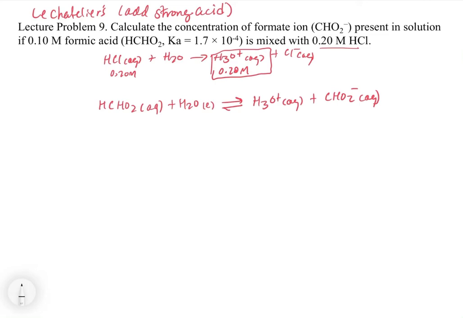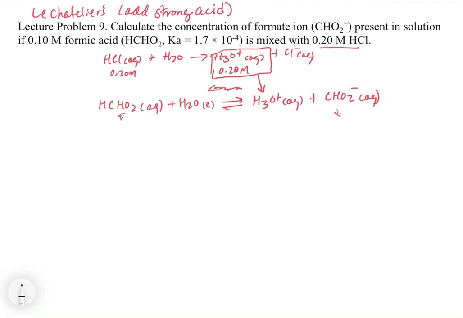When we add H3O plus to the solution, that's going to pump up our H3O plus concentration on the right and push our equilibrium back to the left. So we're going to get a slightly lower concentration of the CHO2 minus, and a slightly higher concentration of the HCHO2 aqueous than we would have if we just had this formic acid by itself.